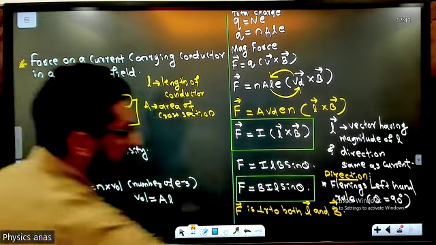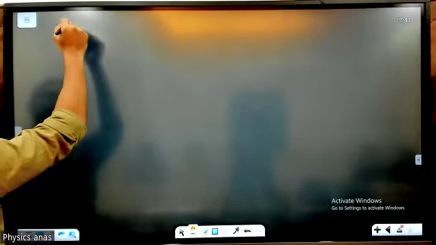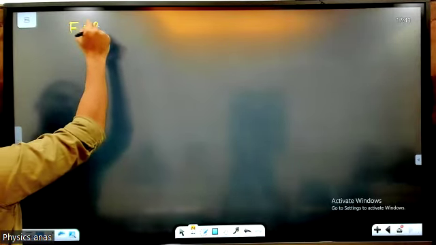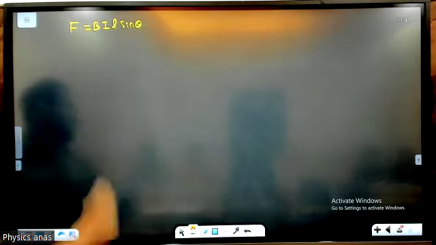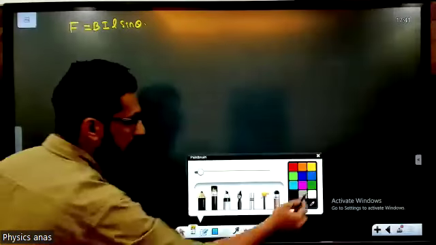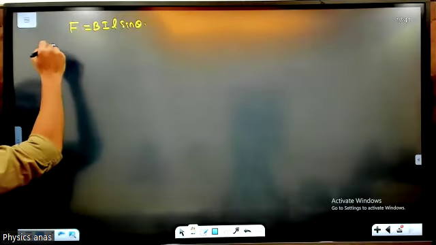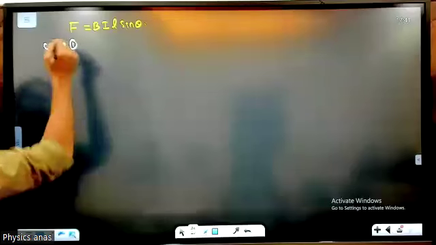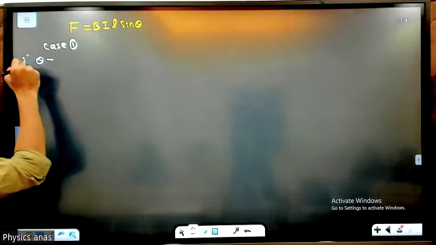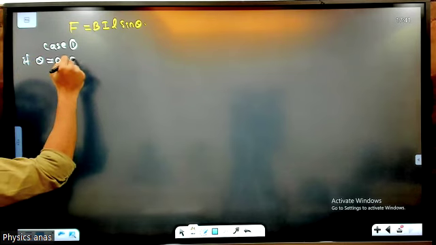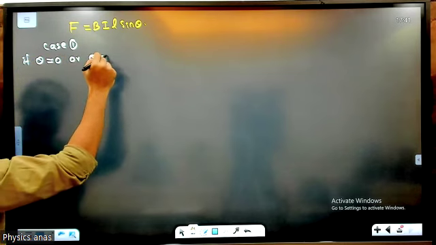Okay. Then what is the force on a current carrying conductor in a magnetic field? F is equal to BIL sin theta, right? What is the first case? Case 1: if theta is equal to 0 or theta is equal to 180.